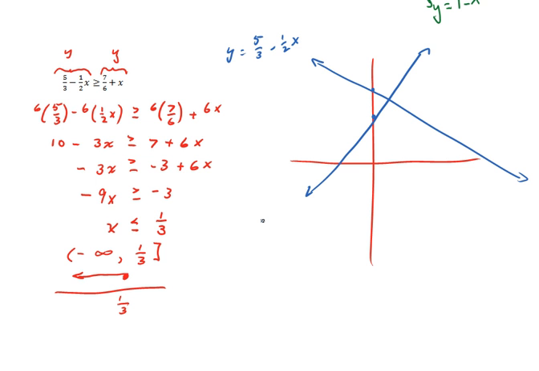And so this is y equals 7/6 plus x. And you'll see that the first function is on top to the left of the intersection point.